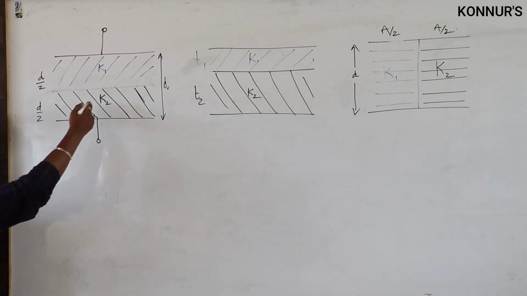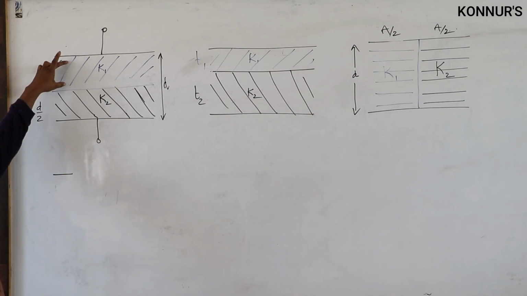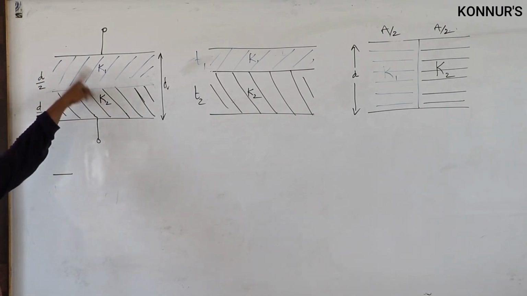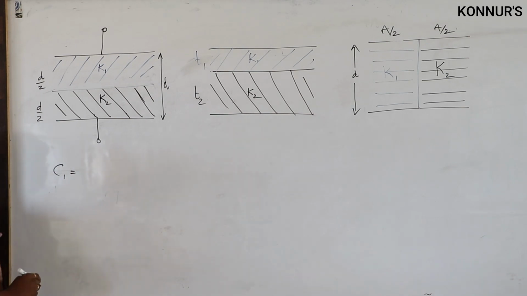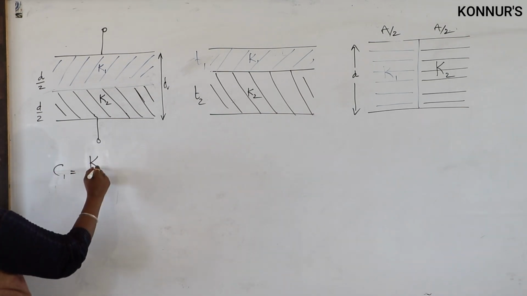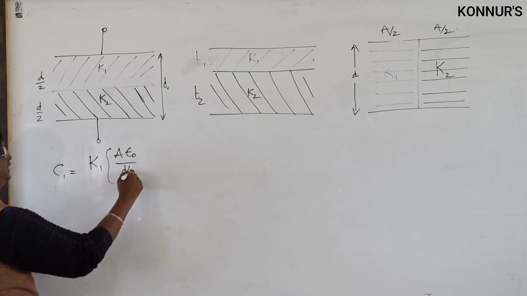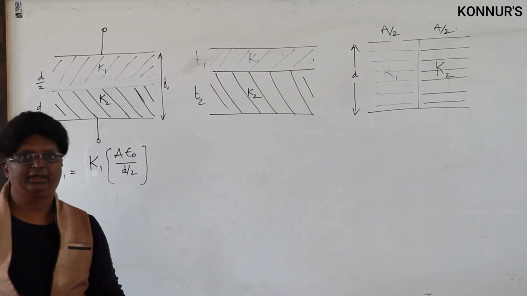Now what you observe here, this one forms a capacitor whose area is A and the thickness is d by 2, constant is K1. So shall I write C1 is equal to, it is completely filled, therefore K1 times A epsilon naught by d by 2. Simple expression for capacity, right?